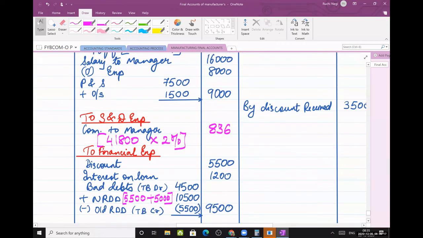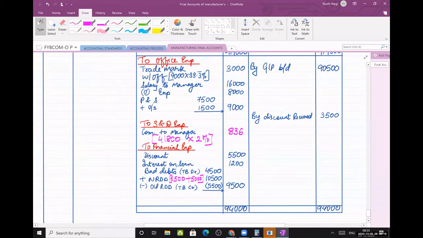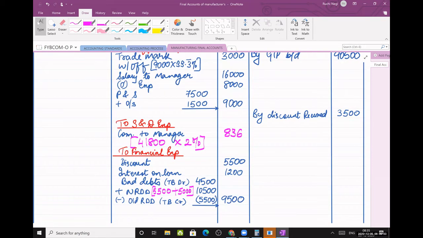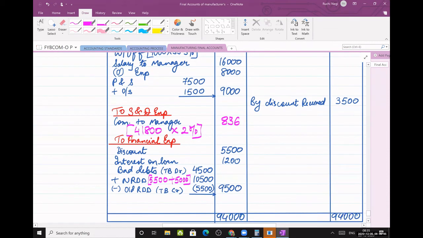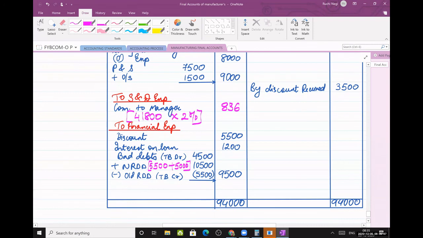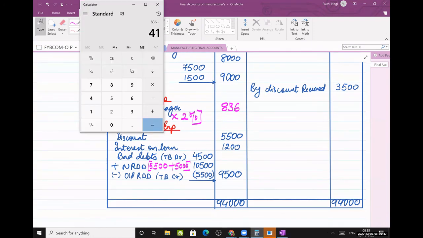Fine. So credit side and debit side total, whatever is the balance, you get 41,800, and 2% of it. Am I clear about commission to manager? How did you get this 41,800? Yeah, credit side minus the debit side, whatever is the balance is 41,800 and then 2% of it. Okay. So minus 41,800.